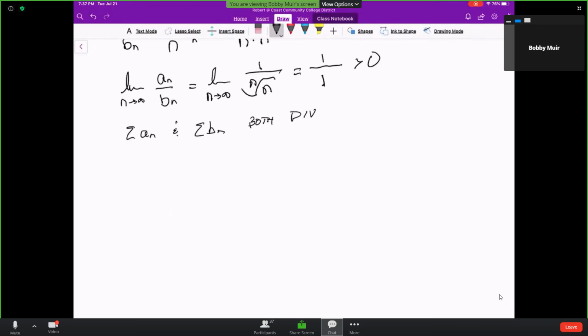Maybe we now have enough. The sum n equaling 1 to infinity of 1 over n factorial. All right. So what do you think?